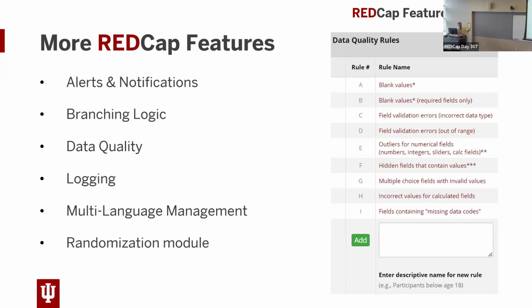We've got this multi-language management feature just in the last year that's going to help make it much easier for you to provide different translations of a form and then allow participants or users to be able to toggle between those different translations. And there's also a randomization module that's really helpful for randomized clinical trials and any other project using randomization.